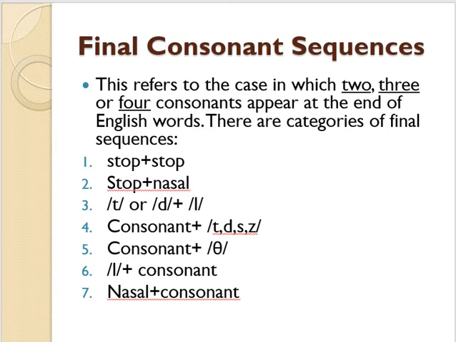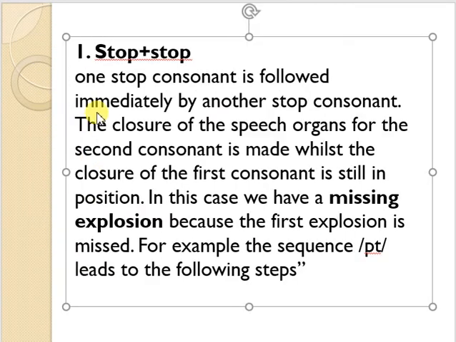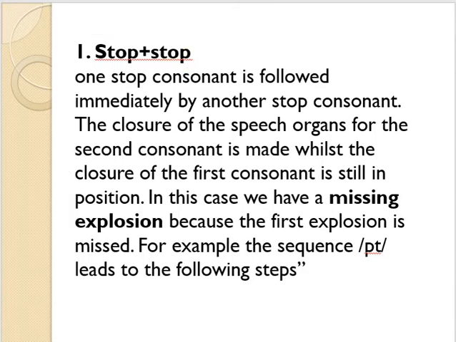So we start with the first category which is stop stop. The case where we have stop consonant plus stop consonant طبعا appearing at the end of a word. لازم نعرف ونظل مركزين بانه stop stop يظهر وين؟ في نهاية الكلمة.